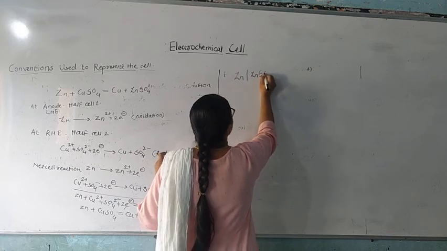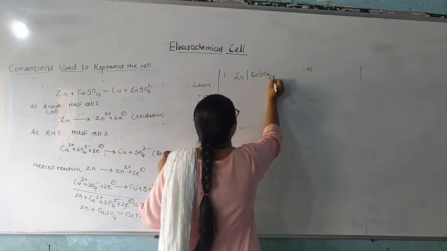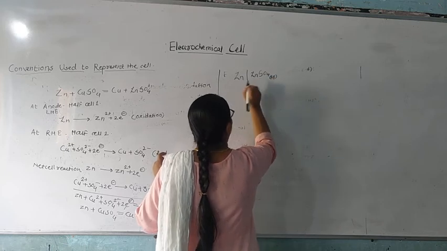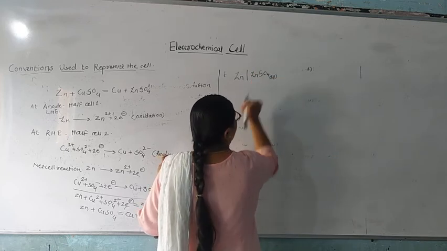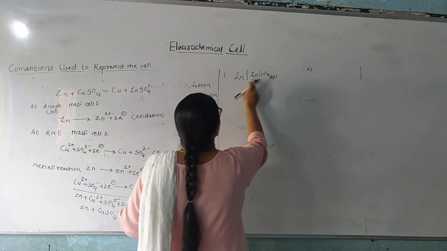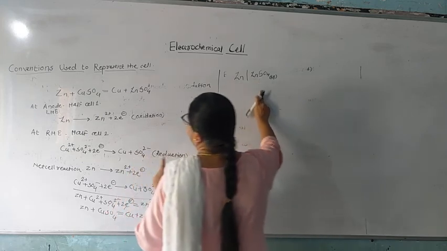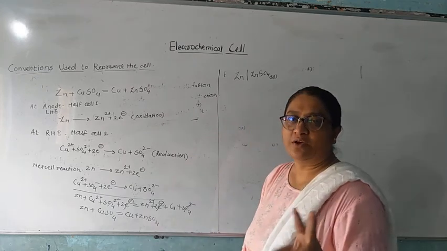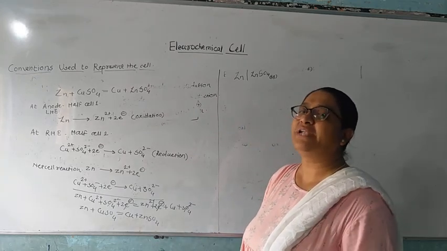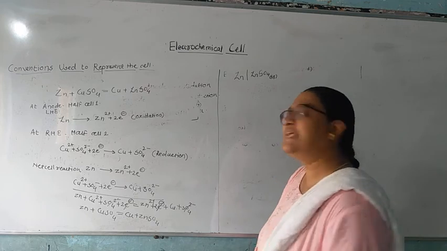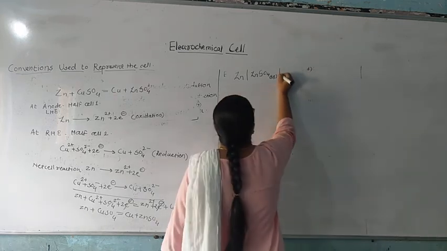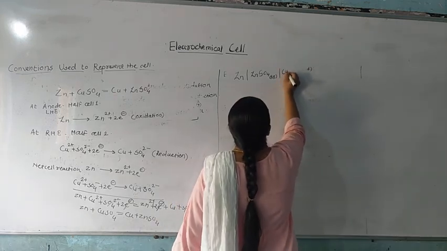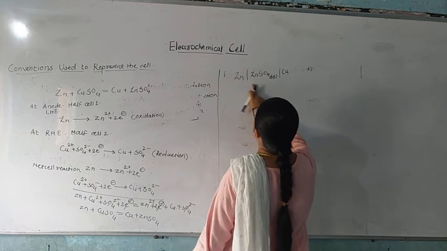You can represent it like this, or you can write just zinc 2 plus. Now they are in the same contact. Here there are two electrolytes, whether they are in direct contact or not is not sure. But let's consider that they are in direct contact. So this is the representation of LHE.